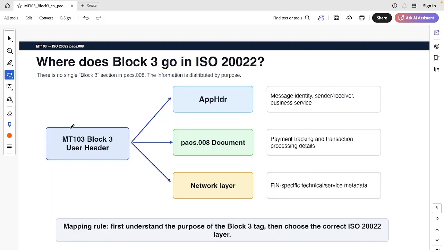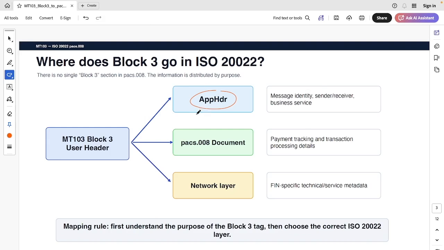So this slide explains one of the most important concepts in the entire mapping exercise. I already mentioned in the beginning that there is no single section inside pacs.008 which is dedicated to block 3. If you remember, for block 1 and block 2, most of the values were mapped to the business application header part.